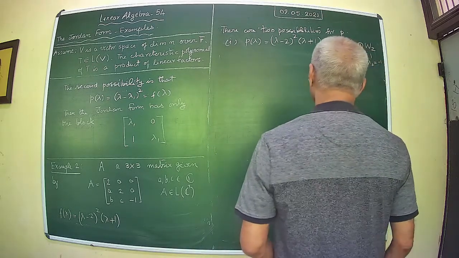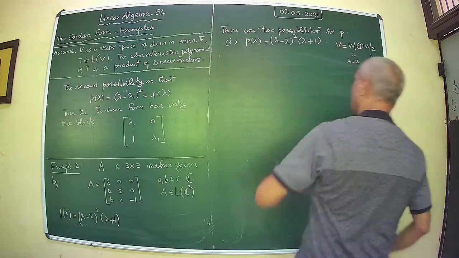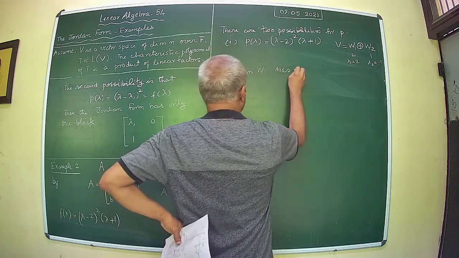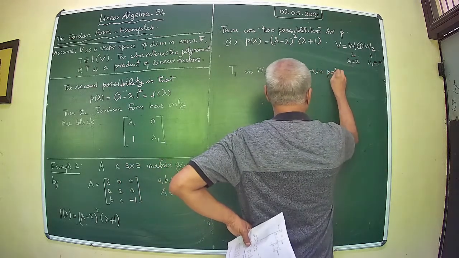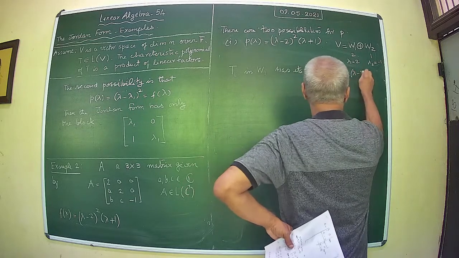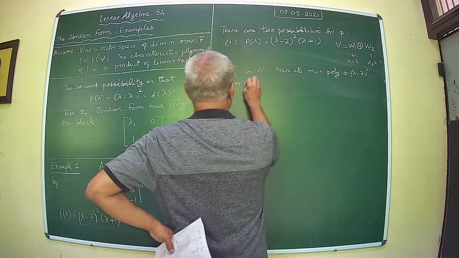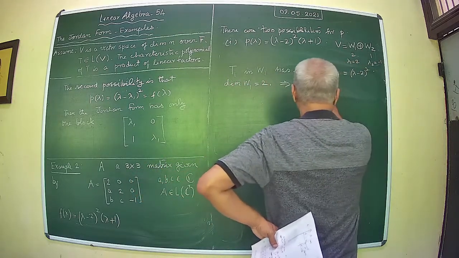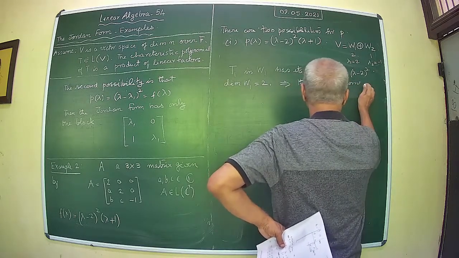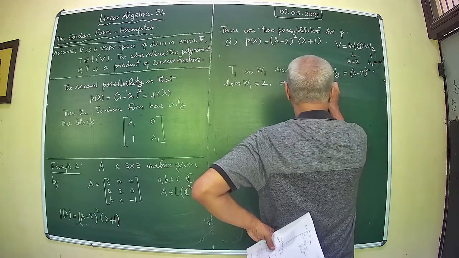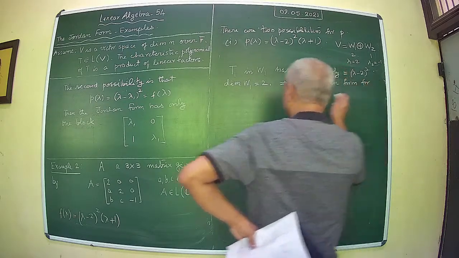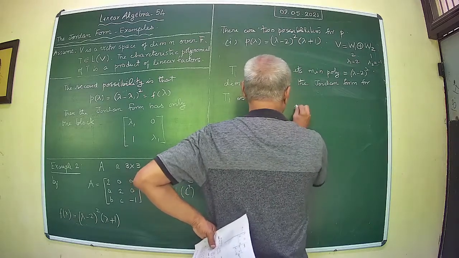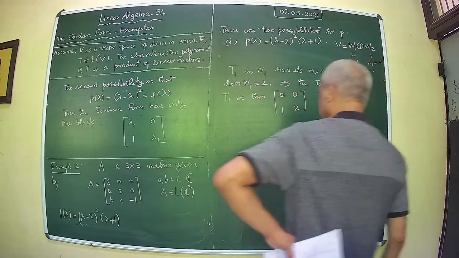Then what happens? In this case, you see that in W1, dimension of equal to the cyclic decomposition or the Jordan form T1, 0, 1 and T2.